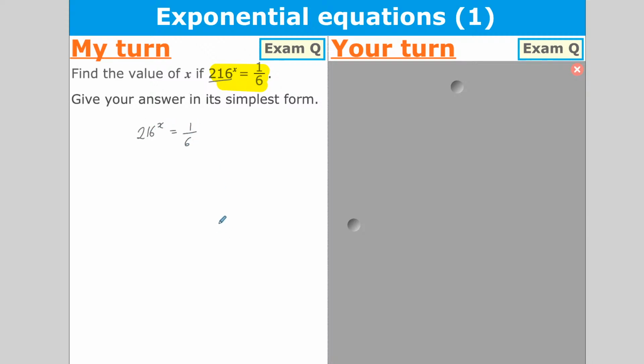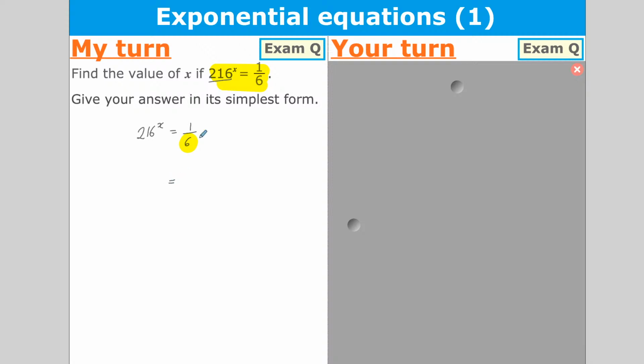This is where all our previous weeks come good. You've just got to think, from the hint in the question, what is the right base here? Although I see a sixth here, I also see 6. And I know that 6 cubed is 216. So I'm thinking, maybe I choose 6 as the base.